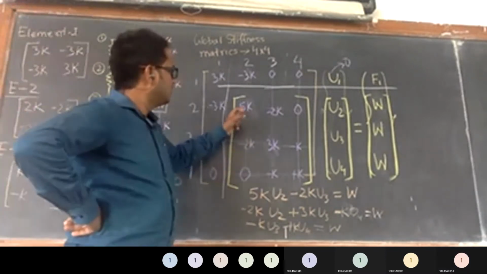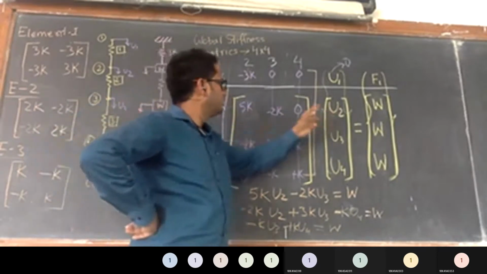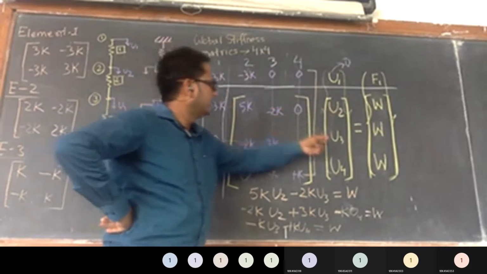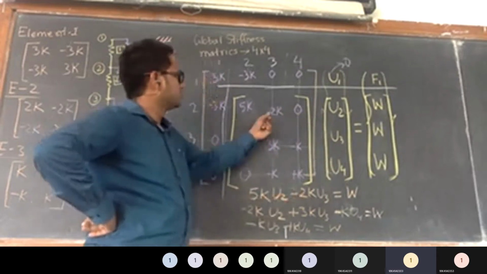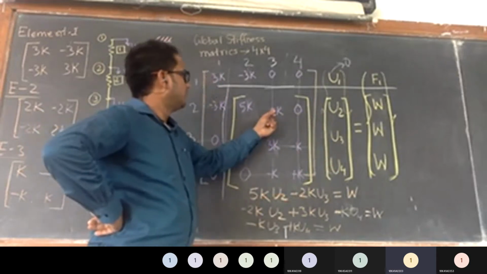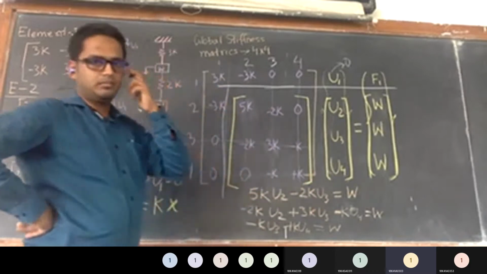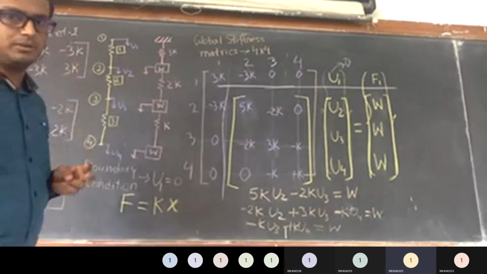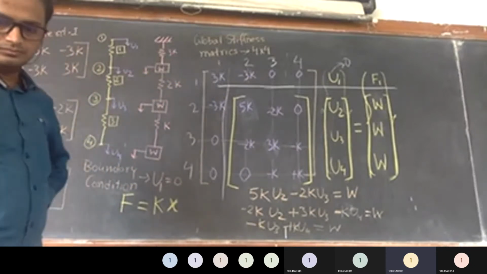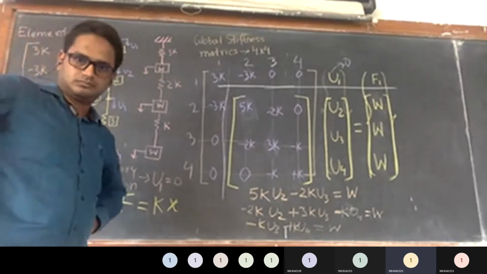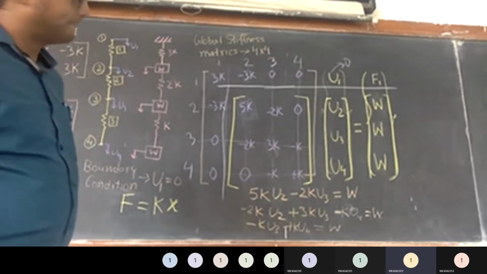But while multiplying, you can directly sum, like 5k into u2 minus 2k into u3, 0 into u4. Since here you have a minus sign, it will remain as it is. Sir, in multiplication, I think there will be no sign changes.